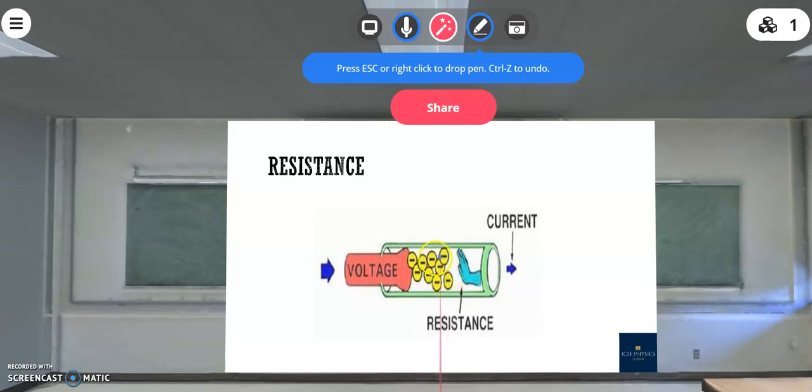Free electrons move like this. Then what will be the direction of current? Opposite to the direction of electrons. So the current direction is like this. And what is resistance? It's the obstruction offered to the flow of current.